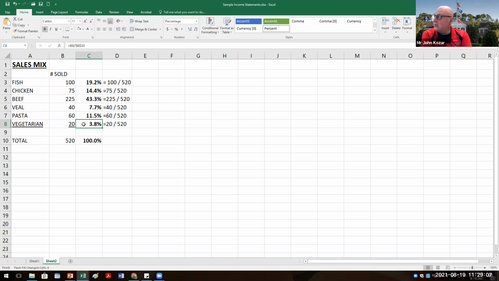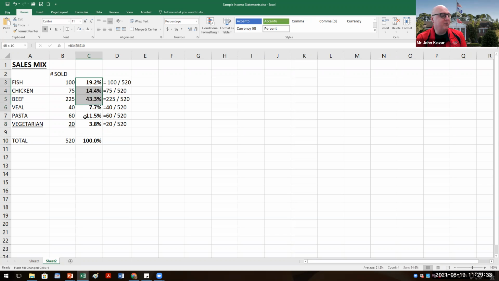But maybe the ones that do come in are people that spend more money on other things. So we might want to keep the vegetarian item on the menu. We also might have just a really bad vegetarian item, and people don't like it. They try it and then they never eat it again. So we might have to take a look at it.